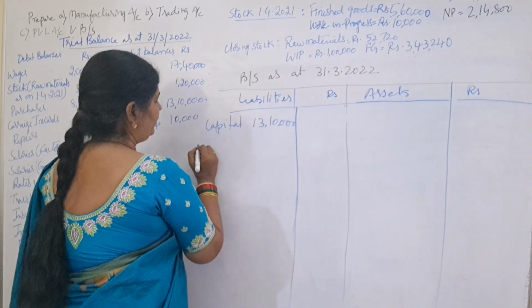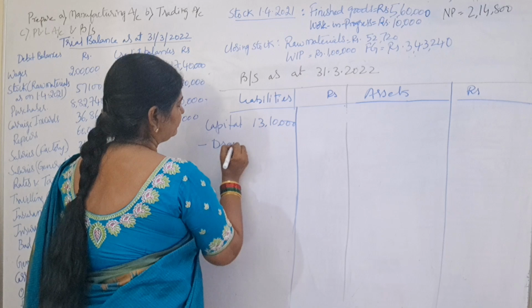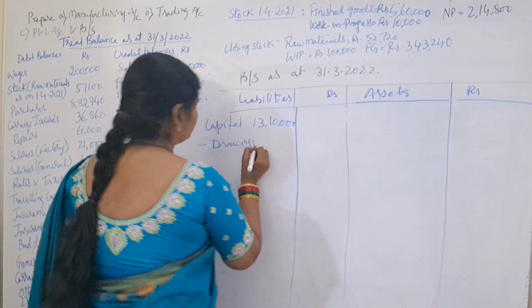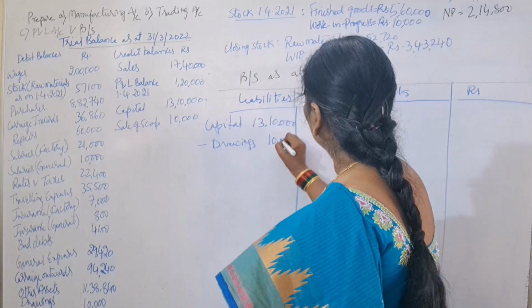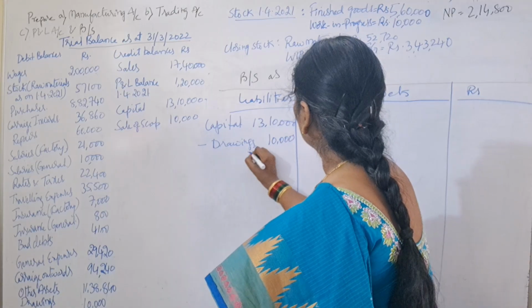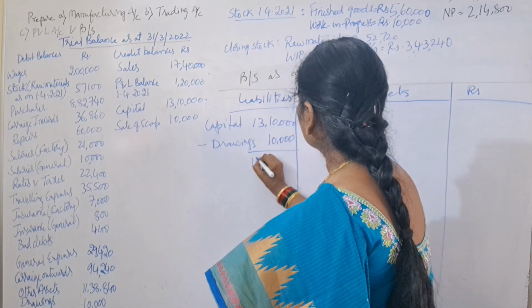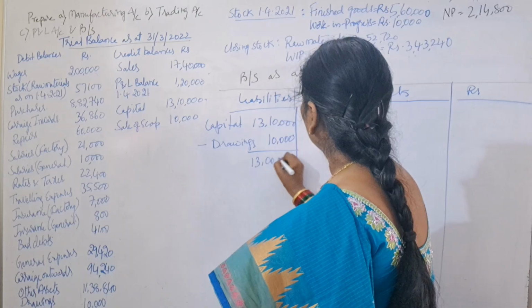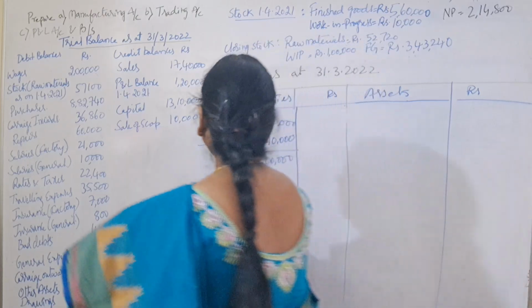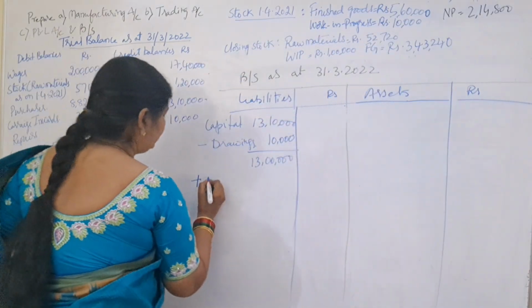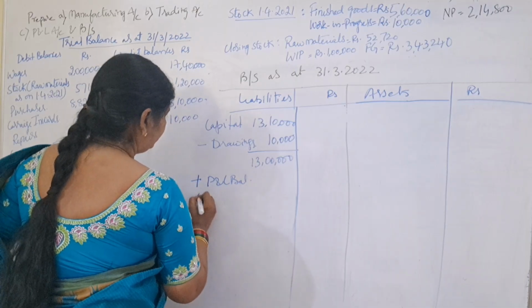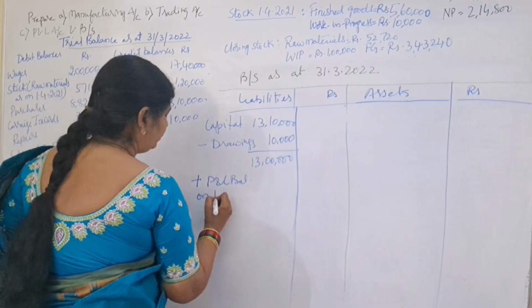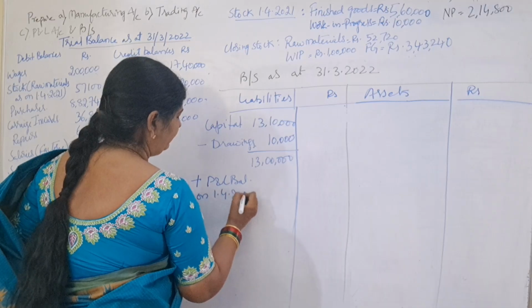Right? From this we have to deduct drawings. Drawing says rupees 10,000. So it is 13 lakhs. To this you have to add P&L balance on 1/4/2021.